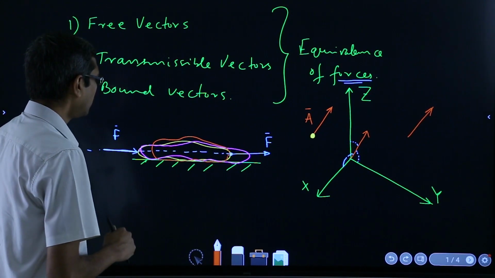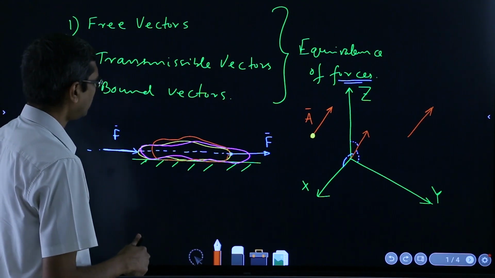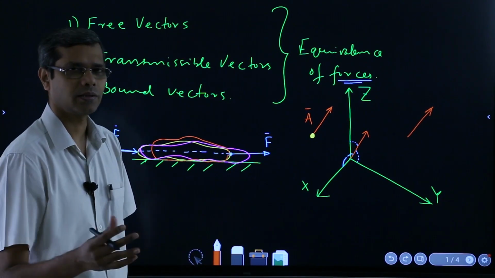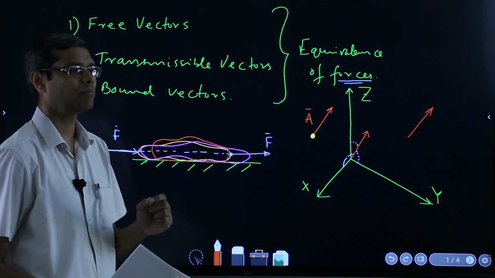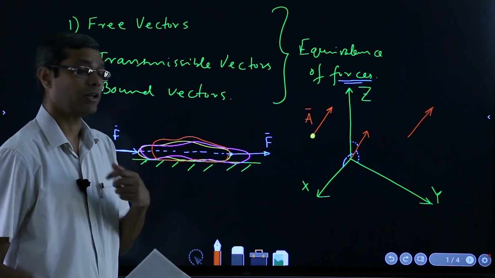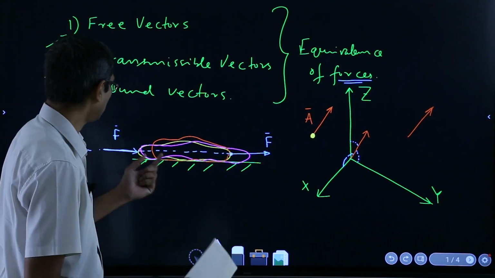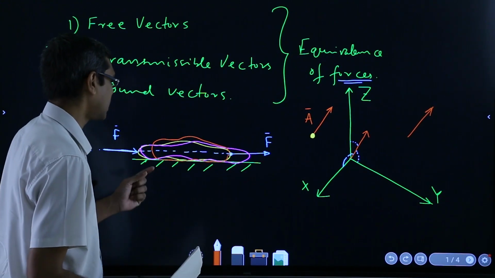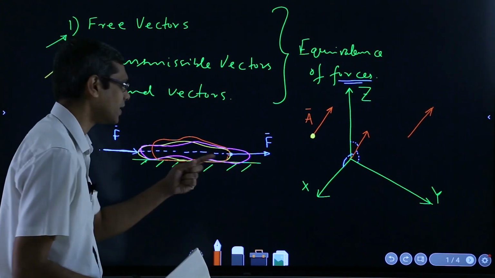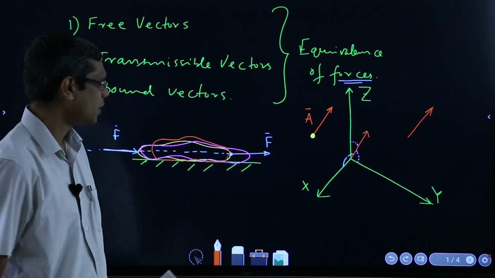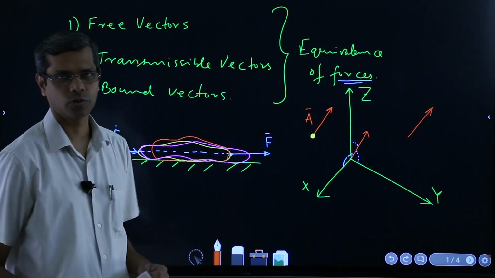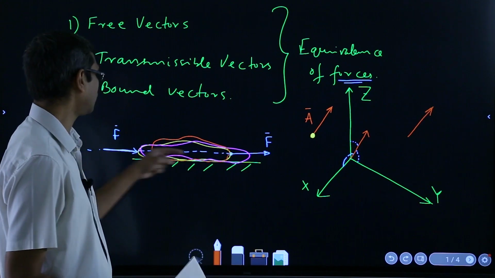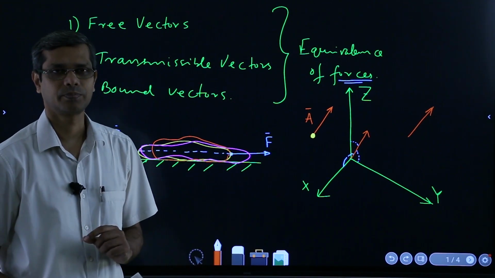But now, if the phenomenon which I am concerned with is changed, and now I am concerned with the deflection, the type of deformation which is caused by the force on the body, then definitely this force is not transmissible.